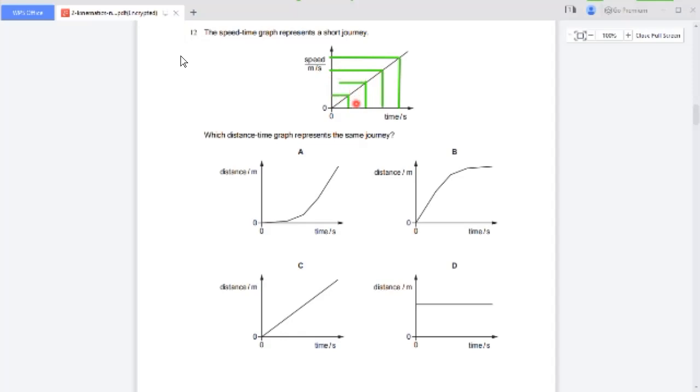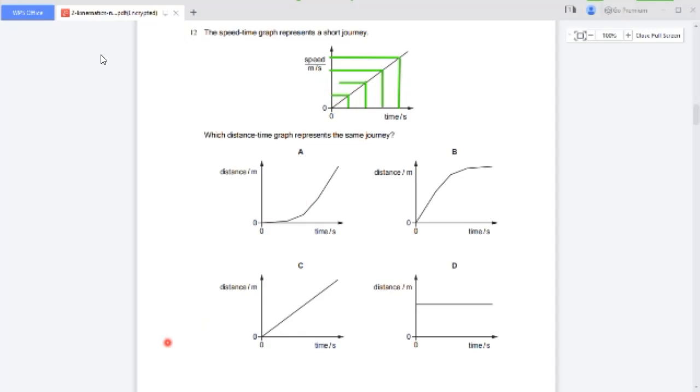Here it was 10, so during this second it will travel 10. Here it was 5, so it can travel only 5 meters. So during the first second, suppose a small amount of distance is traveled, during the second it will travel double the previous one, and in this case it would be 3 times, and in this case there would be 4 times.